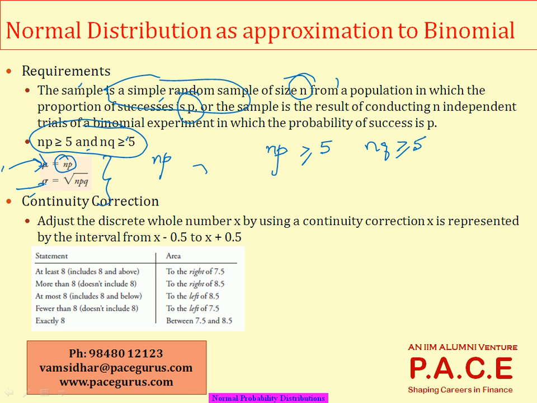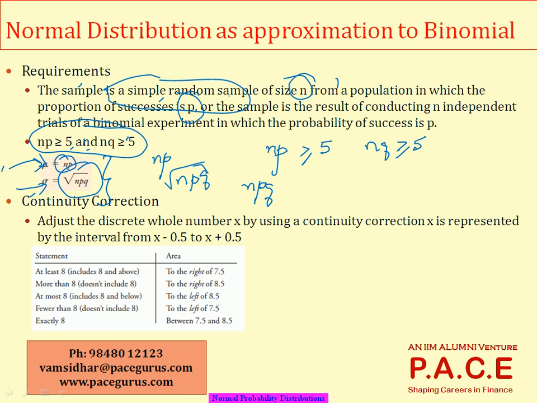And similarly, the standard deviation of the adjusted normal distribution can be taken as the standard deviation of the binomial distribution, which is the square root of npq, because the variance of the binomial distribution is npq. The standard deviation will go as the square root of npq, so I can take the square root of npq and approximate it as the standard deviation of the transformed normal distribution also.